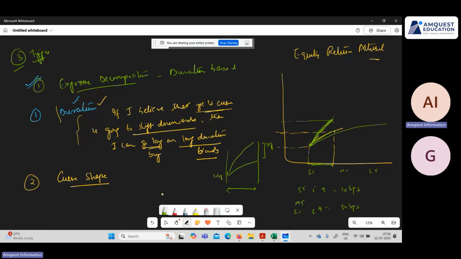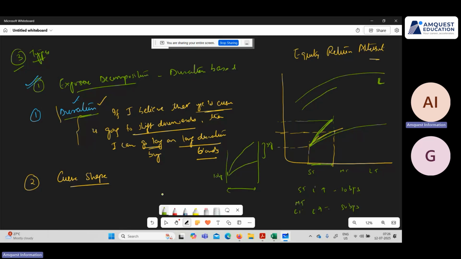Right? So they also say that I can play around with duration. Actually, this is not the right way to create it. But to say that, okay, this is the curve and this is my parallel movement, I can say that I can go long here. And when the interest rates go down, then I can earn. This was on the duration.